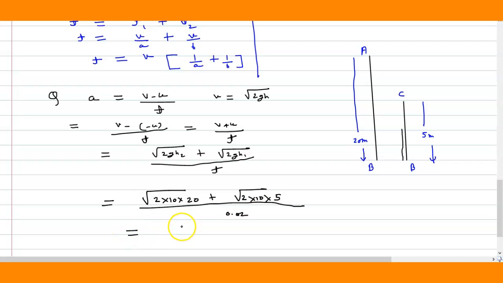This is root 400, the square root of 400 is 20, plus root 100, the square root of 100 is 10, divided by 0.02. After solving we get the answer 1500 meter per second square. This is the final answer of this question.